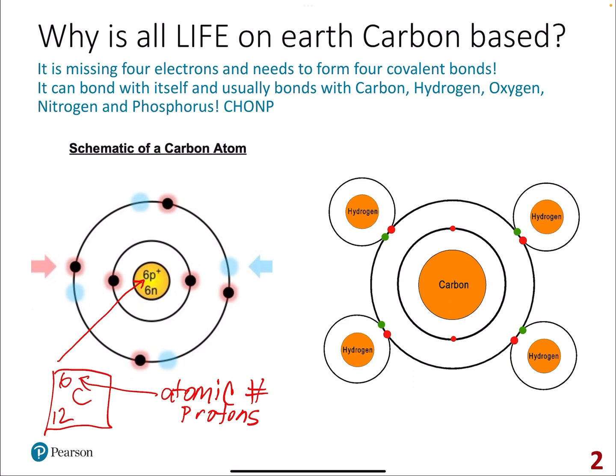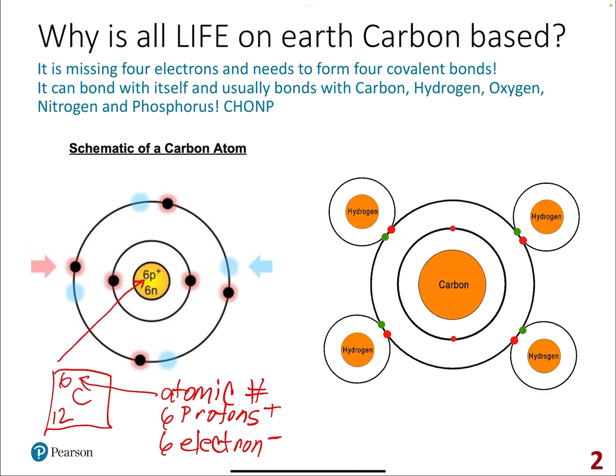Well, all atoms are neutral. Since protons are positive, it needs to have 6 electrons. It must also have 6 electrons that are negatively charged, and so 6 plus added to 6 minus equals 0, a neutral charge.